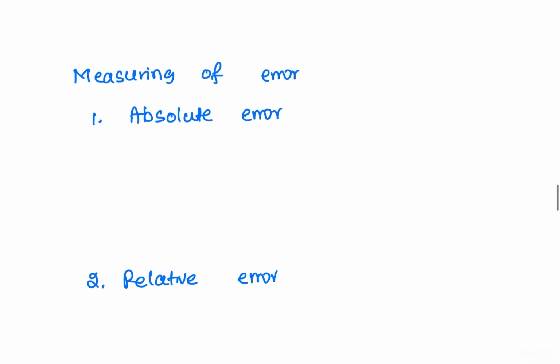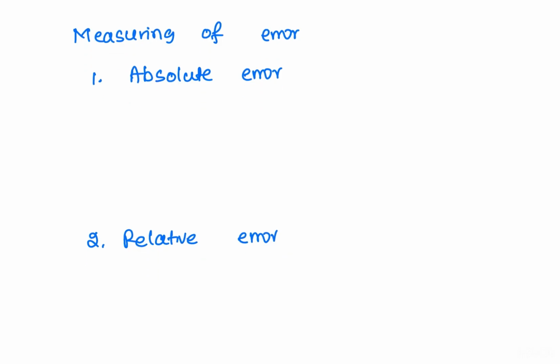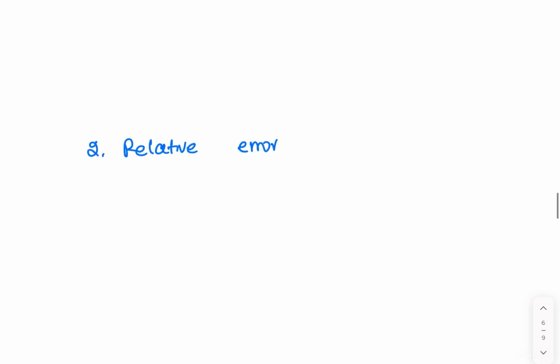Now we have to measure error. Till now we have seen how error occurs, but we are supposed to measure it. How to measure it? There are three measurements: absolute error, relative error, and percentage error. What is absolute error?